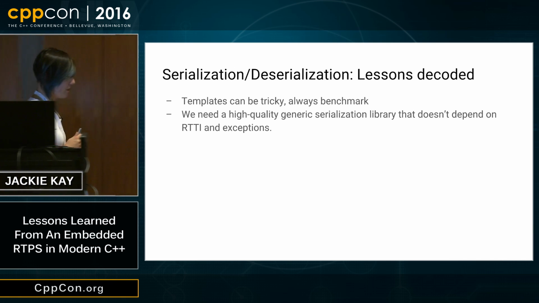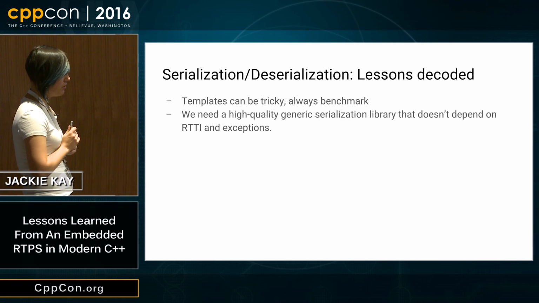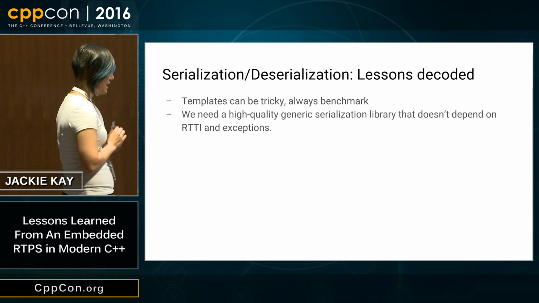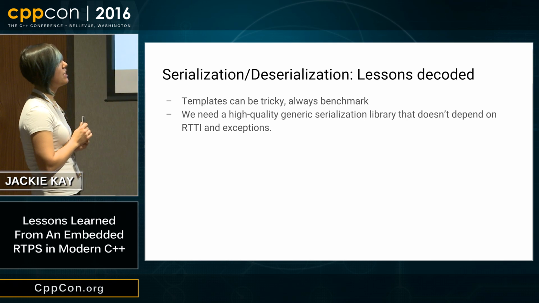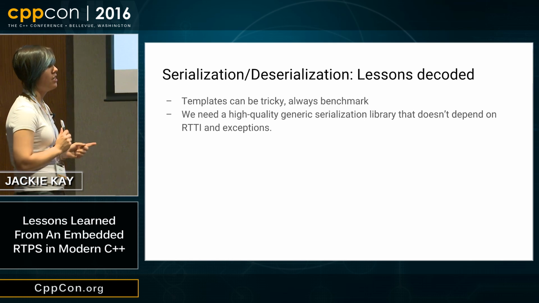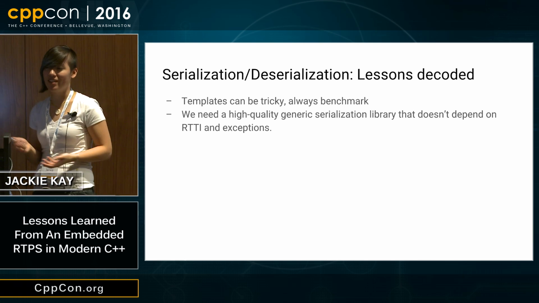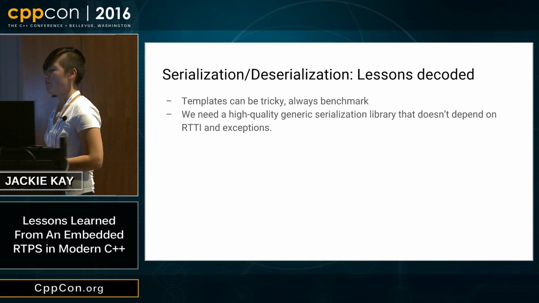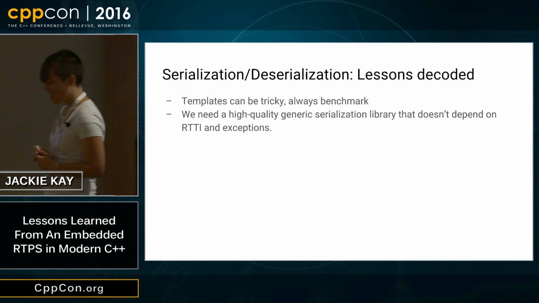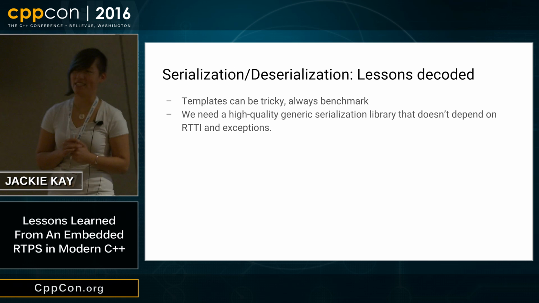It uses exceptions just as an error handling mechanism, and it uses RTTI, I believe, as a part of its encoding function, as a type identifier, because that's what RTTI is.